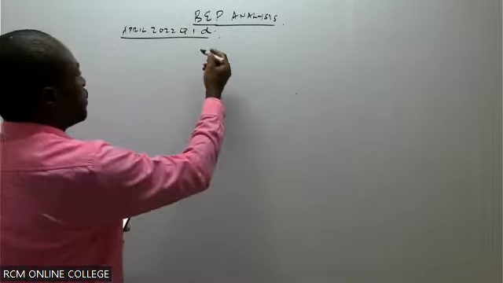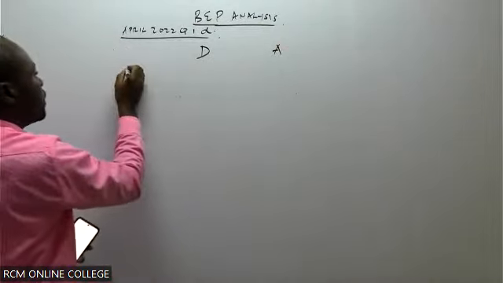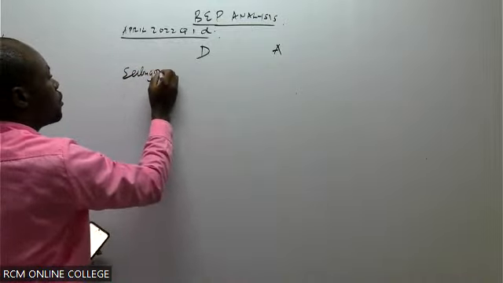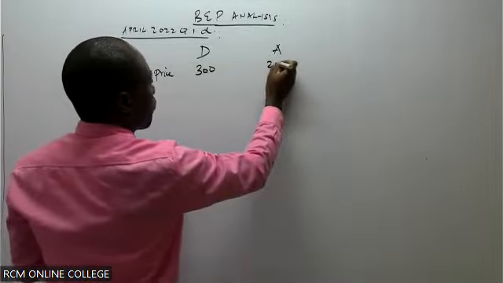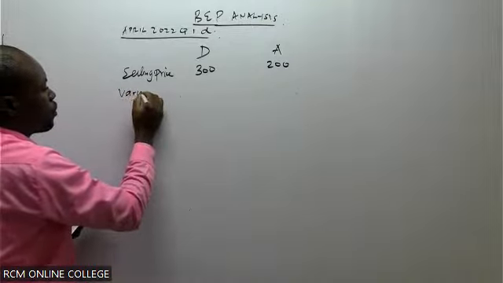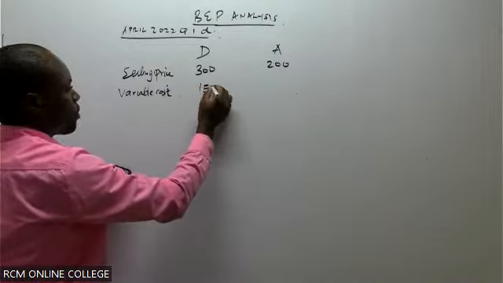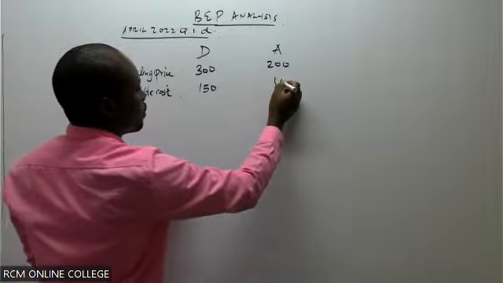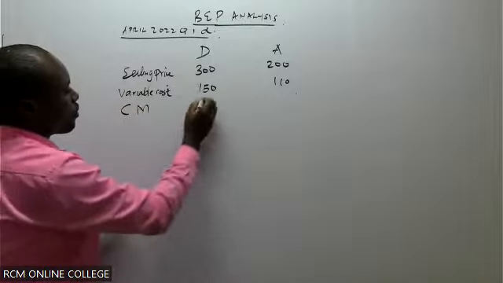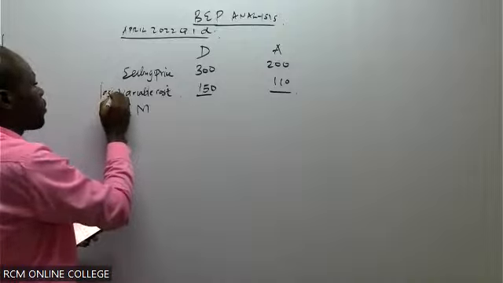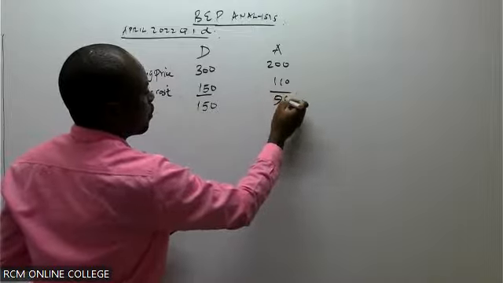So we are going to have product D and product A. Then we have selling price, which is 300 for D and 200 for A. Then we have variable cost, given as 150 for D and 110 for A. Our contribution margin: selling price less variable cost gives us 150, and then we have 90.